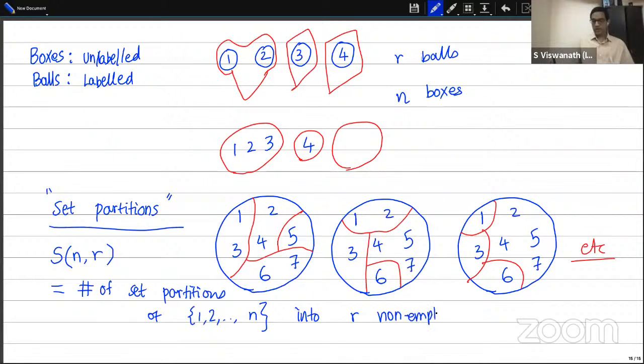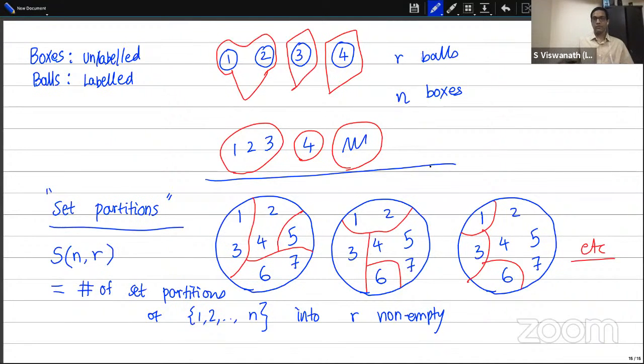So I don't want empties. When I first described it, I said some boxes I can take to be empty. But the number allowing empty boxes can be determined from the cases where you don't allow empties. So somehow this is not a big deal.